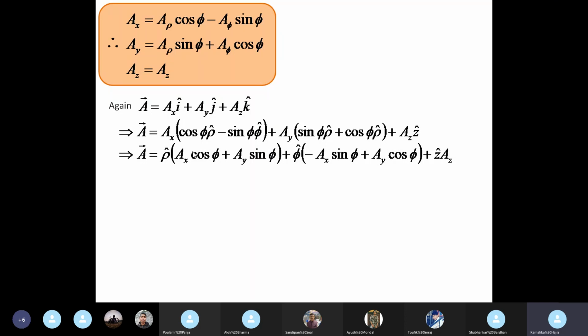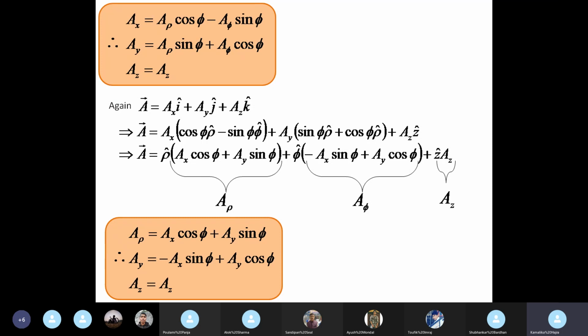Then same thing, I gather the coefficients of rho cap, the coefficients of phi cap and so on. So basically what have I done? Rho cap into something plus phi cap into something plus z cap into something. Okay. So this is a rho, this is a phi, and so a rho, a phi and a z are, again I have made a mistake.